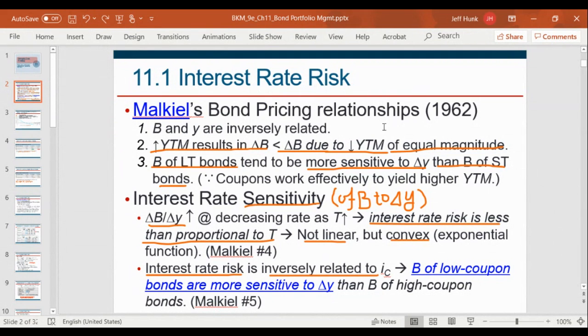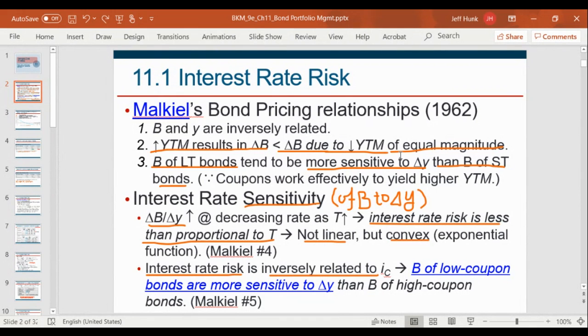Now, you remember interest rate risk goes by many other names. First, it's also called price risk. Why is it called price risk? Because interest rate fluctuations directly affect price. If interest rate goes up suddenly and unexpectedly, it affects the price of your bond holdings adversely.